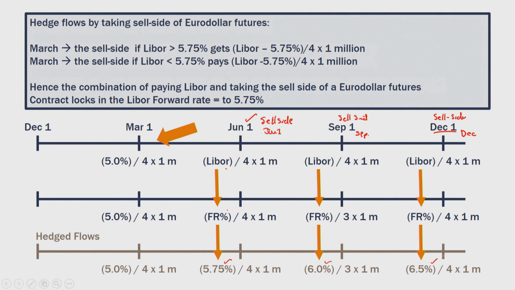So what I've done is I've converted an unknown flow to a known flow by hedging. And the hedging is by taking the sell side of euro-dollar futures contracts. And what I can do is lock in the rates on the euro-dollar futures contract.